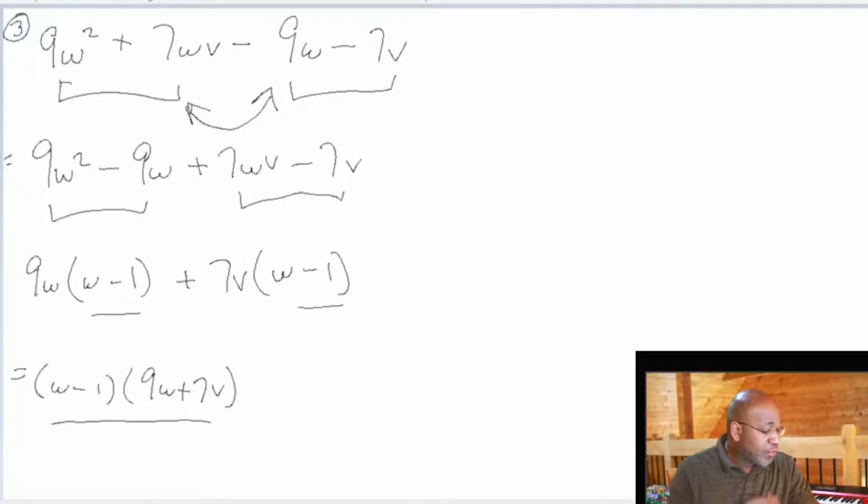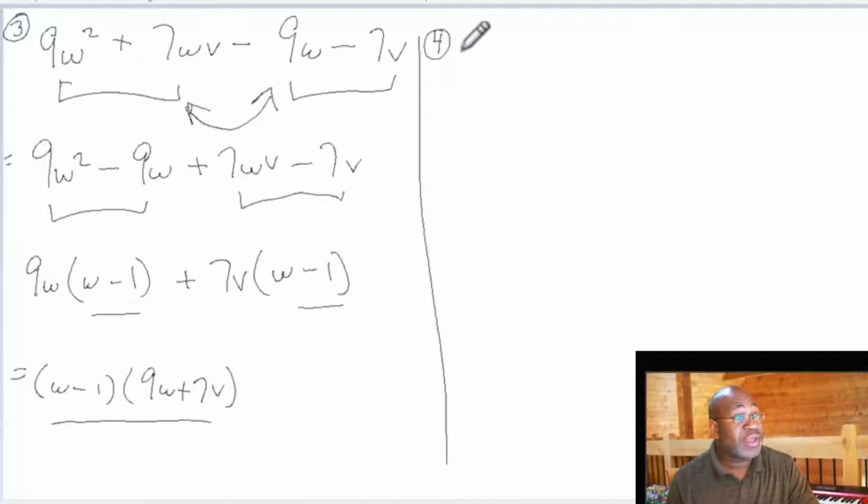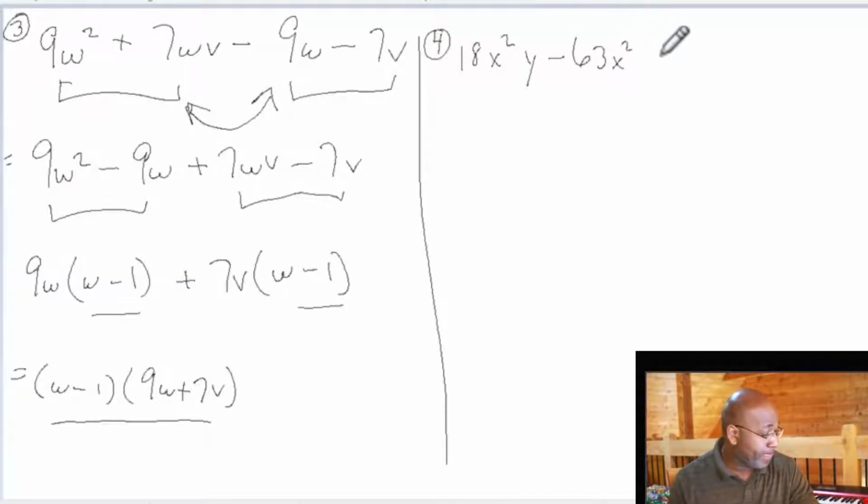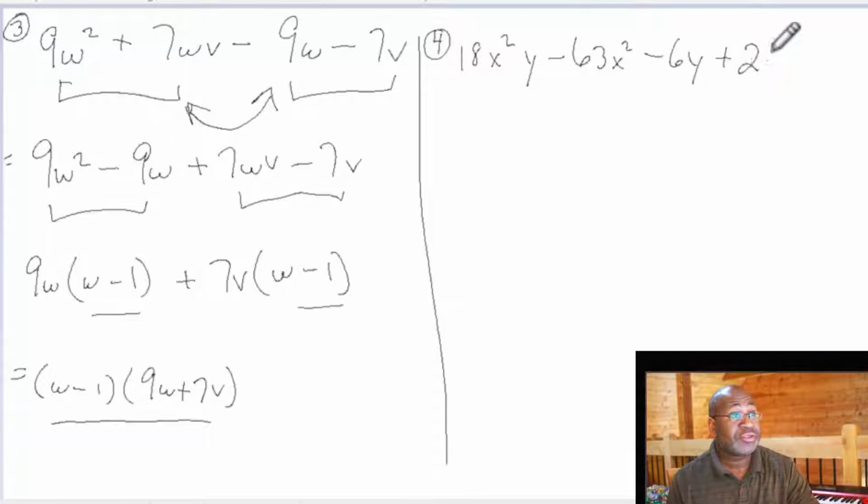All right, so for our last example, we'll have a bit of a doozy here. This will be 18x squared y minus 63x squared minus 6y plus 21.